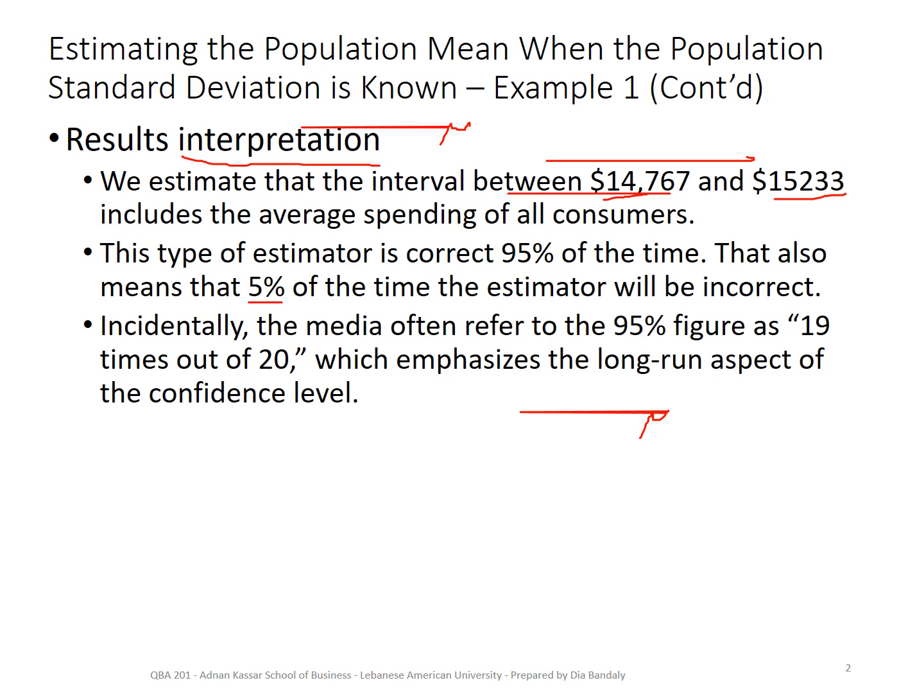It's not statistics anymore, 19 out of 20. And this emphasizes the long-run aspect of a confidence level. So when we collect the first sample, second sample, third sample, etc., 19 out of 20 times that we do that, the lower limit and the upper limit will include the population mean.